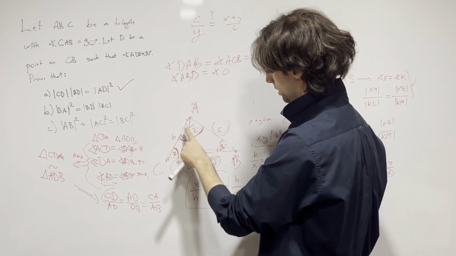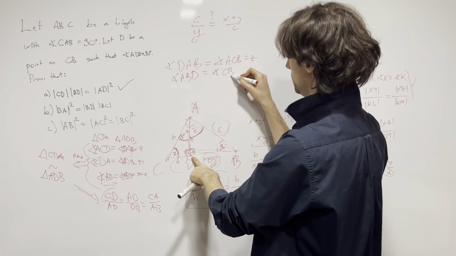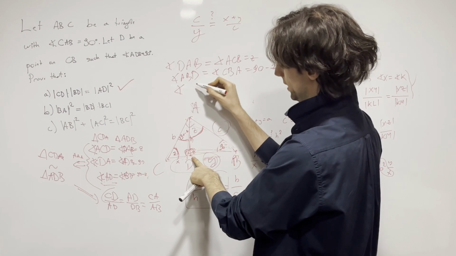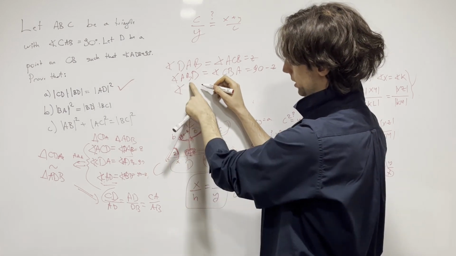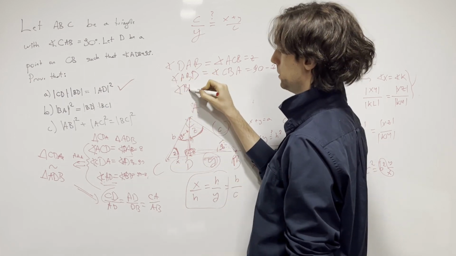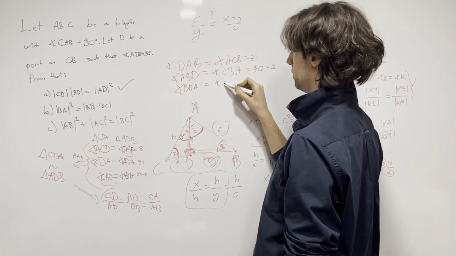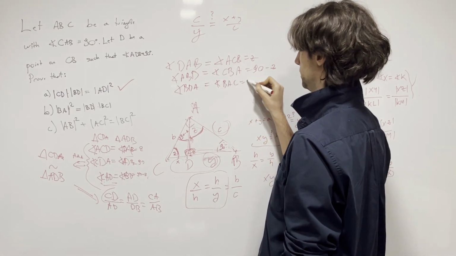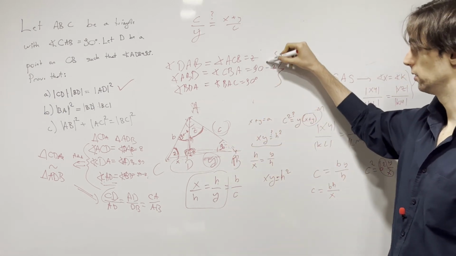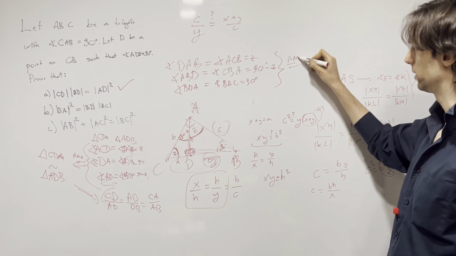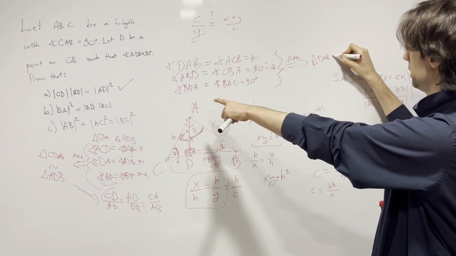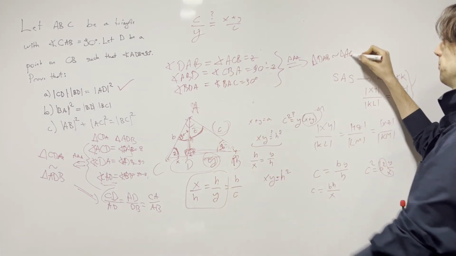I have ABD, I'm good, is equal to CBA, is equal to 90 minus Z. And then I have the angle ABD, I move everything here by 1 and bring A to the other side, is BDA, is equal to the angle BAC, is equal to 90. And now what do I have from this? I have angle, angle, angle. From the angle, angle, angle, we get that the triangle DAB is similar to the triangle ACB.